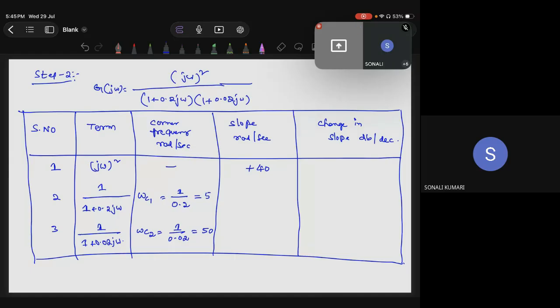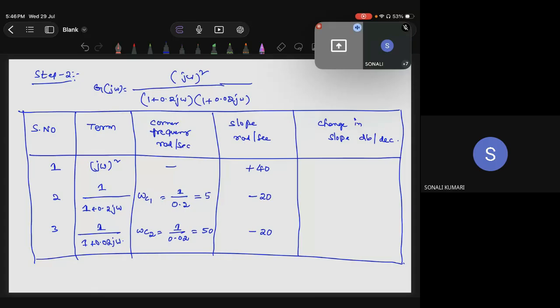Whenever you have a pole, the slope will be minus 20. Since you have one pole here at minus 0.2, that slope is minus 20. Similarly, the third one is also another pole, so it will add another slope of minus 20. Is this clear? A zero will give you a slope of plus 20, a pole will give you a slope of minus 20.